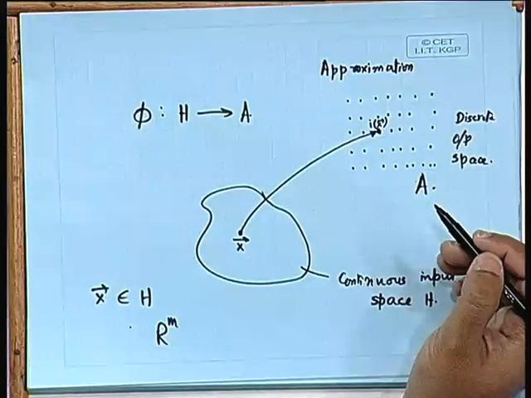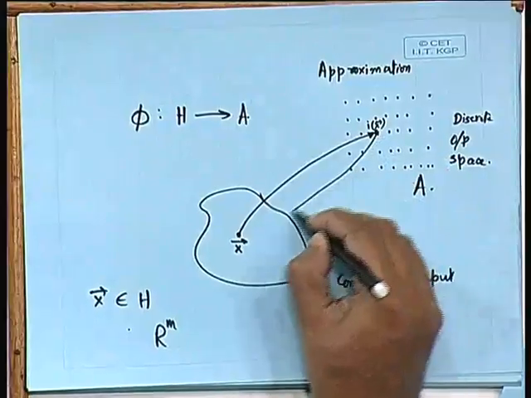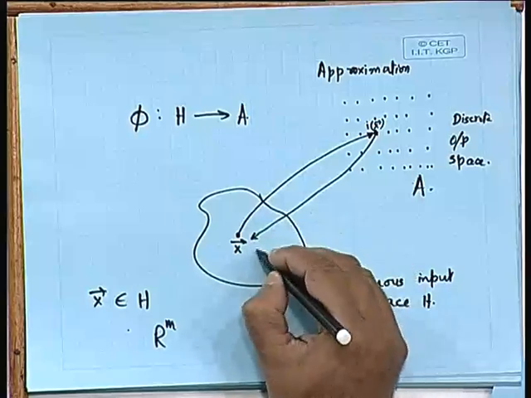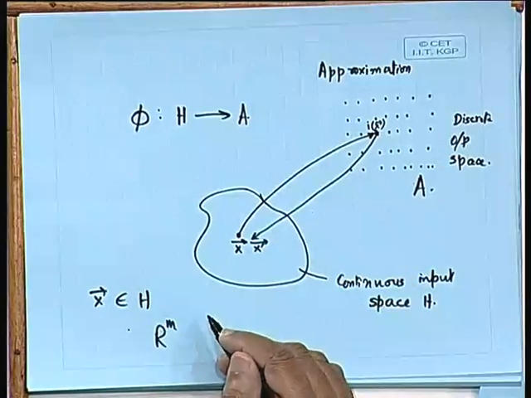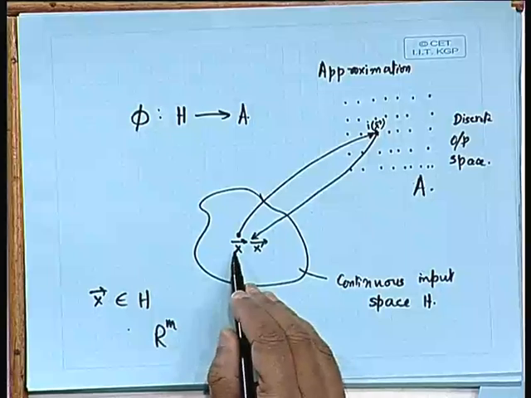No. I will come to some other point, an x prime vector, which will be different from the x vector. The distance between the x vector and the x prime vector will be the error that I incur in the process of mapping into the discrete space.